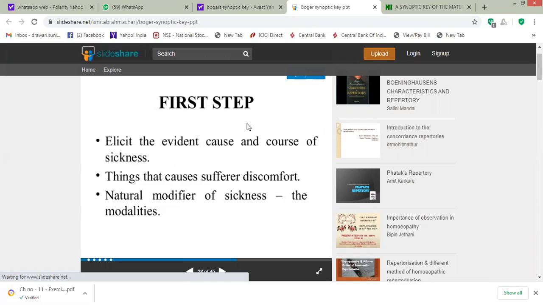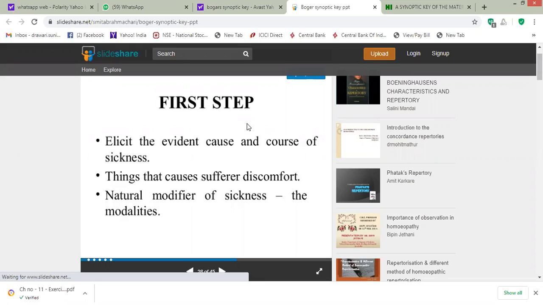To find out the exact similimum, it is important to find out the evident cause of that condition, the course of sickness, how the sickness starts, and how it progresses.